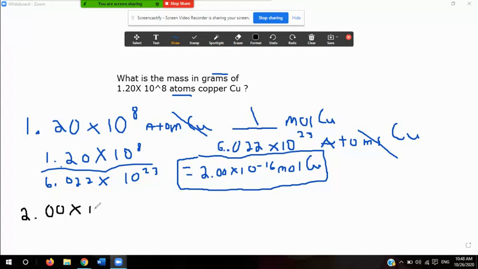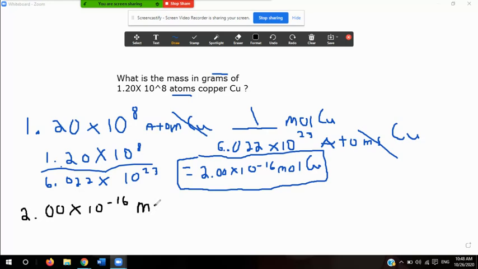Now, in order for me to change that into grams of copper, I need to go to the periodic table and see what the mass in grams of copper is.